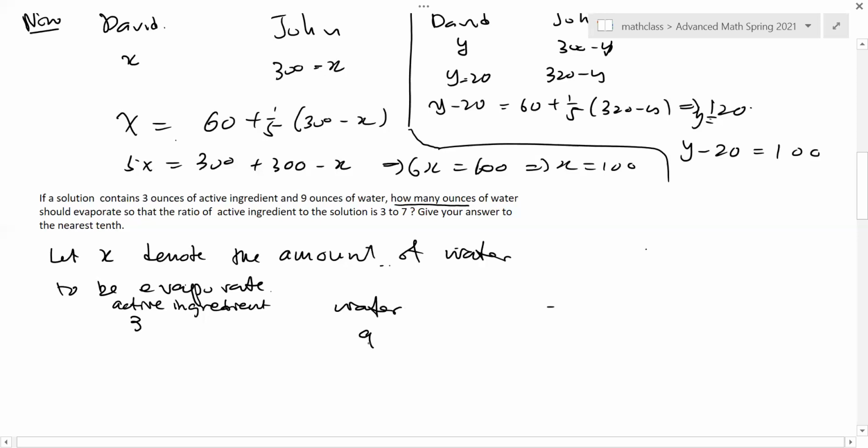So the total solution is going to be 12, because 3 plus 9 is 12. So read the question carefully.